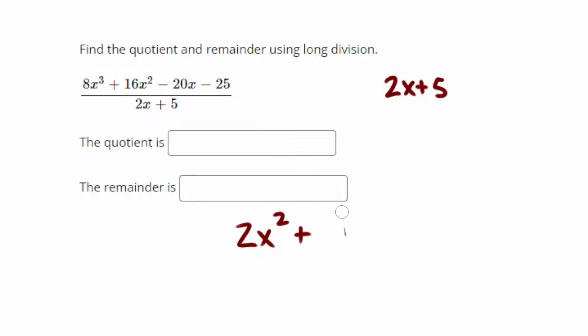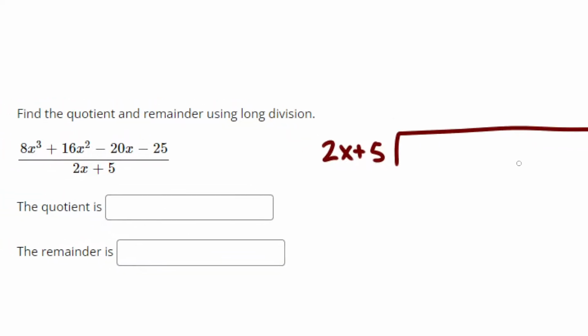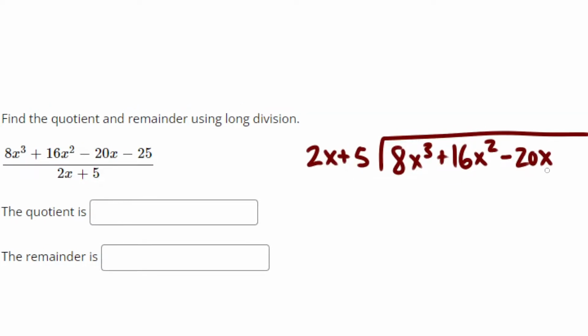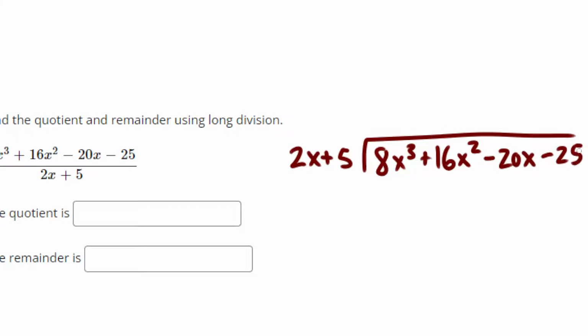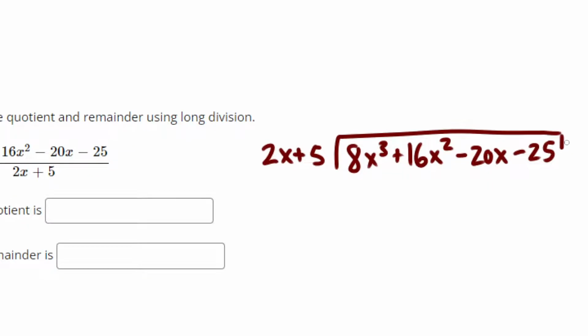That just helps you keep your place and make sure that you don't miss any important parts. So we have 8x cubed plus 16x squared minus 20x minus 25. And there's no placeholders needed in this one either. If we were missing the x squared, we'd want to do 0x squared. But in this case, it's not applicable.